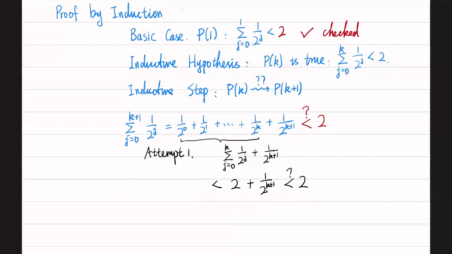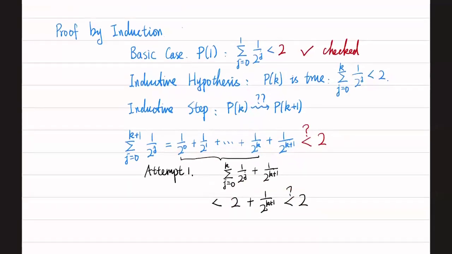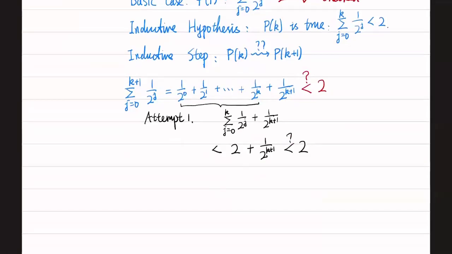Okay, so now the problem over there: if we use the hypothesis directly, this thing is bigger than 2. We cannot get what we want. This doesn't work. I was confused. Is that less than 2 or more than 2? No, the first 2, the first digit.